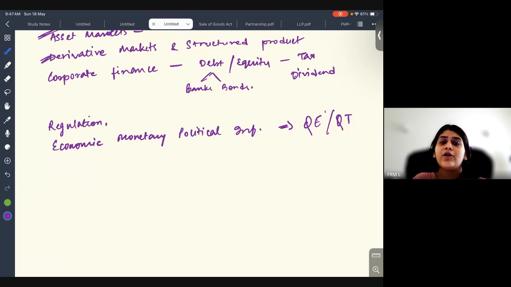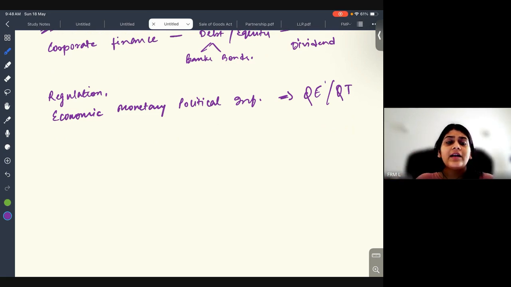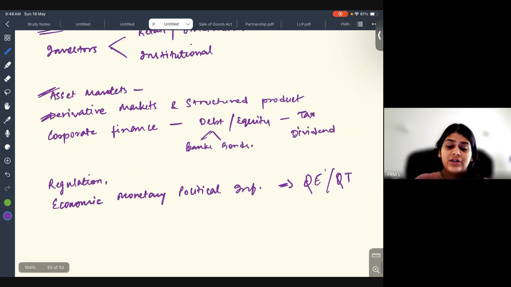Apart from that, for economic and political influences, the impact of media, the impact of different political regimes, stability, instability, all of those things. And in regulation, again, same thing, where we focus on things like the Solvency II, etc. All the regulations for institutional investors mostly. And for retail investors, regulation is broadly things like what kind of asset classes are restricted, why, all of those things.